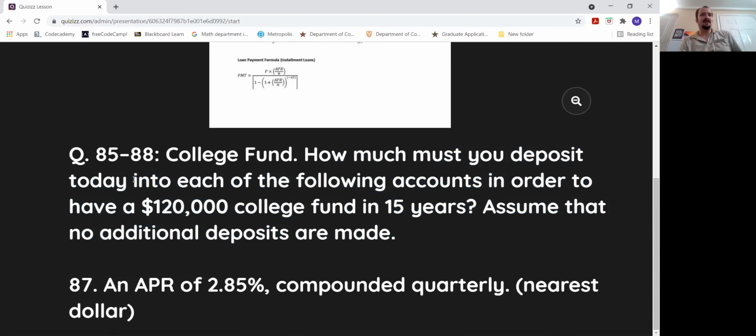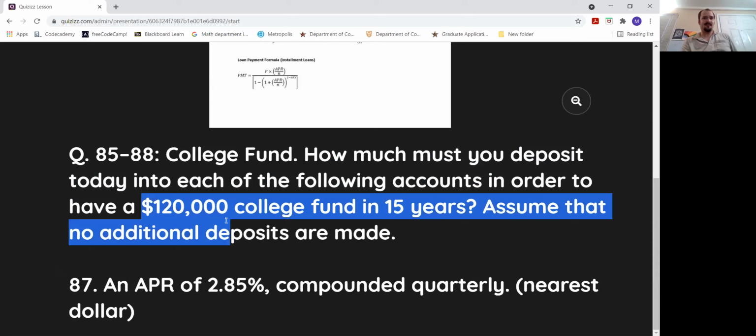How much must you deposit today in each of the following accounts in order to have a 120K college fund in 15 years? No additional deposits are made. Let me finish reading it. An APR of 2.85% compounded quarterly, and round to the nearest dollar. But I think the important thing is we have what?